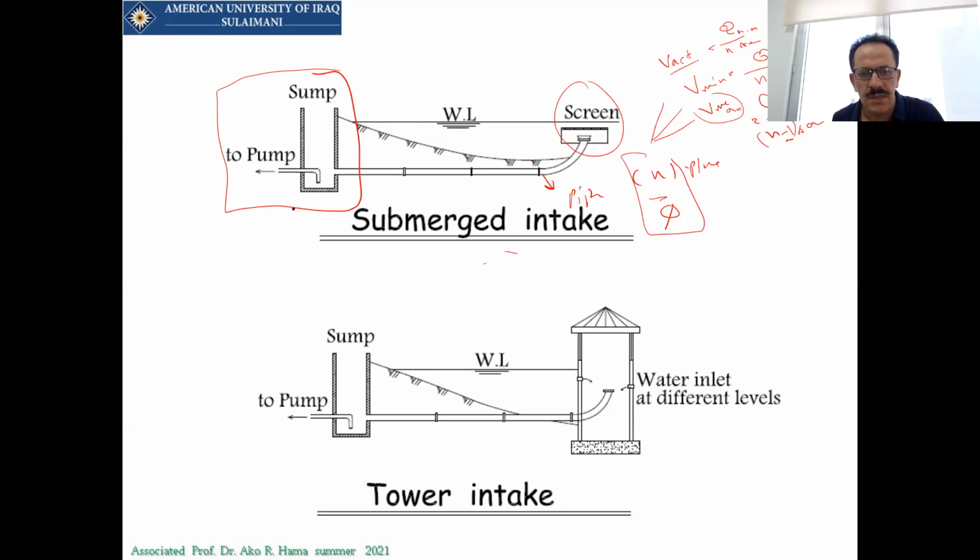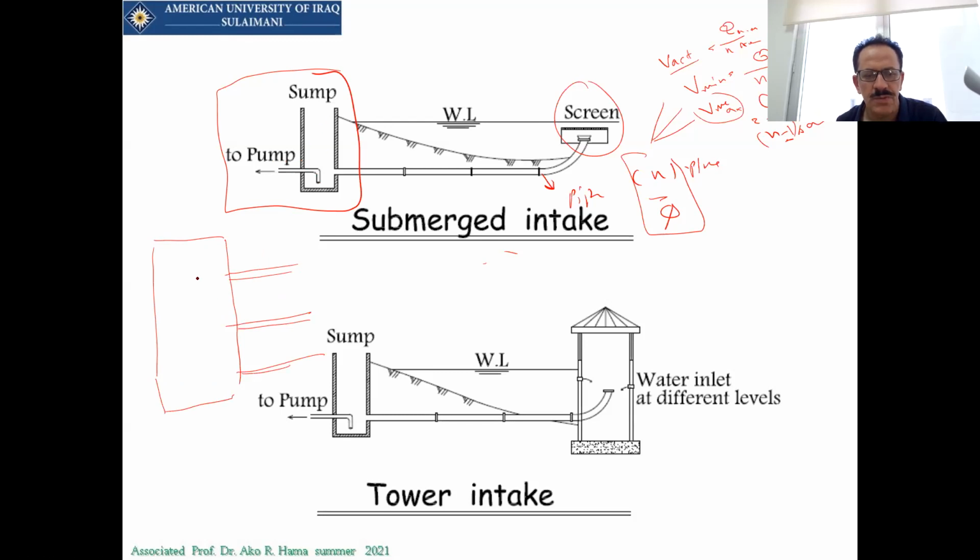This tank's dimensions, usually it will be here. This is the side view. Let's have a look this way. There is a pipe here, there is a pipe here, and there is a pipe here, so they come inside this one.